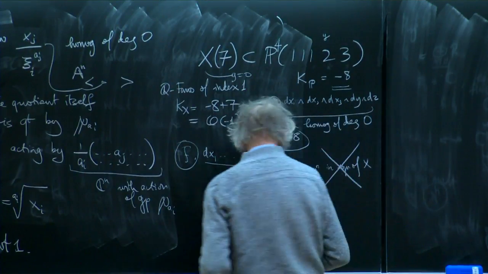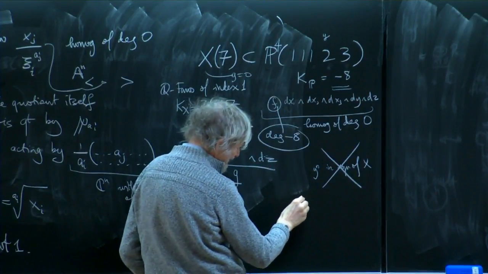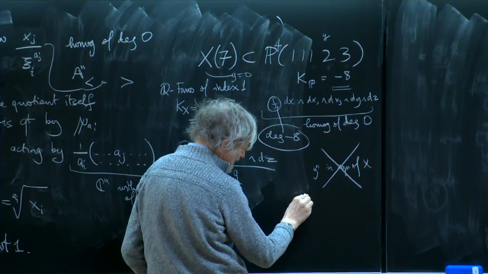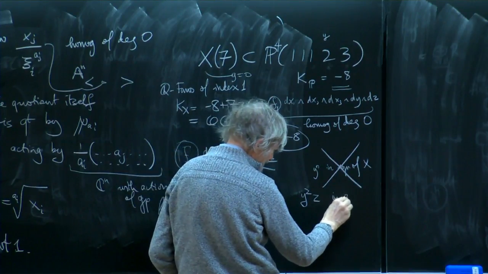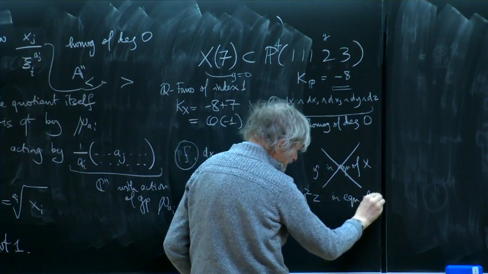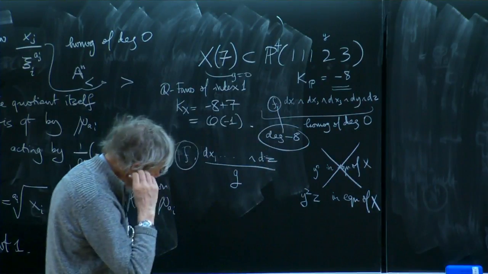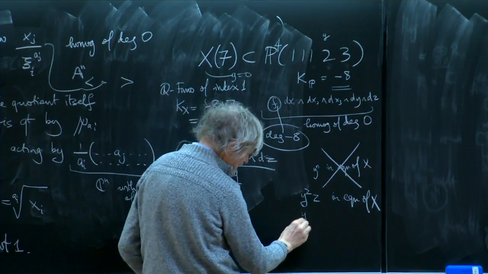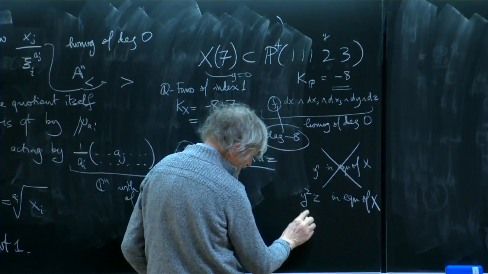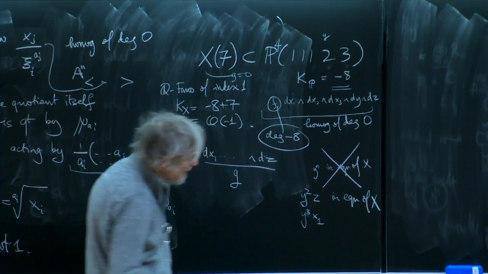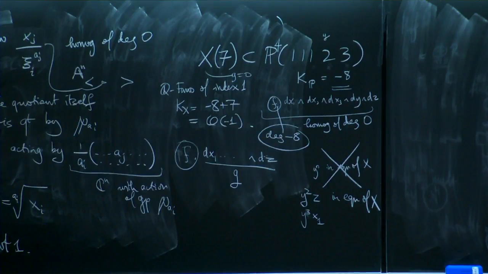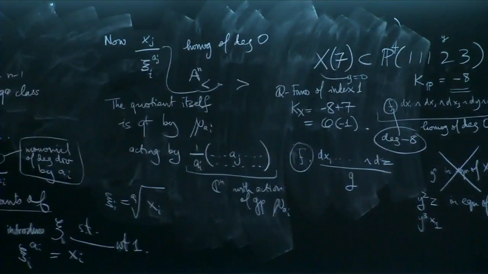The next best thing is that I might have y squared z in the equation of X, or failing that, y cubed times x. Having one of those is the condition.